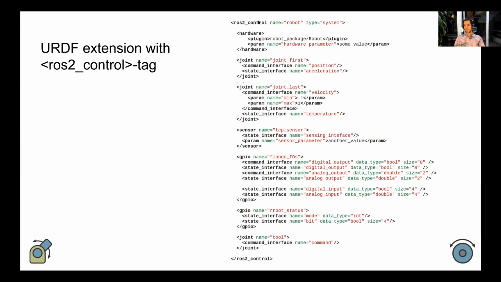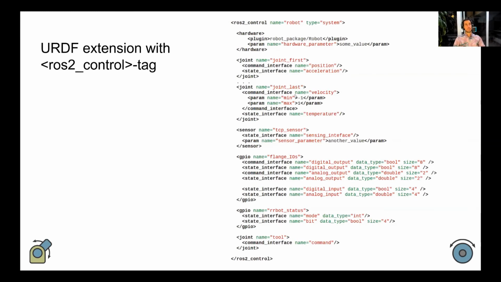You define your ros2_control object, which in this case is the robot, its type is system, and it loads this plugin. This plugin will be loaded by the resource manager, and you add hardware parameters for this plugin, which go directly to the hardware. All this parsed structure will be accessible from your hardware interface.